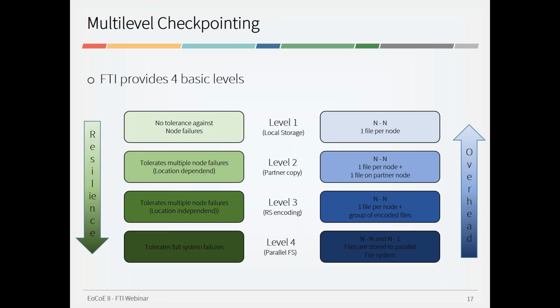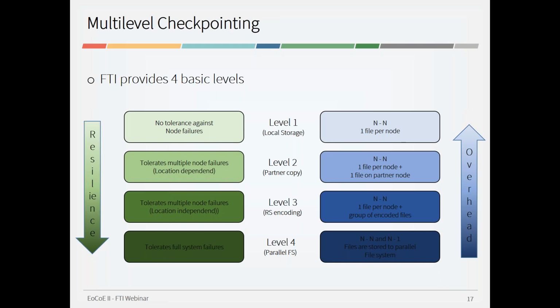Then we have level 3. We use erasure codes there. In our case, it's Reed-Solomon coding. And this groups 4 processes, like in our case, it will be 4, as I will show you later. But you can set the group size, so it groups the processes which belong to one group together and creates as many redundant files as processes are in the group.